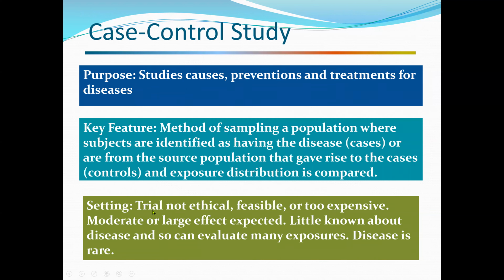The setting normally is where a trial is not ethical or feasible, or too expensive. Also, moderate or large effects can be expected. We know about the disease, and so you can evaluate many exposures. Normally, we do case control when the disease is not common or it's a new disease.